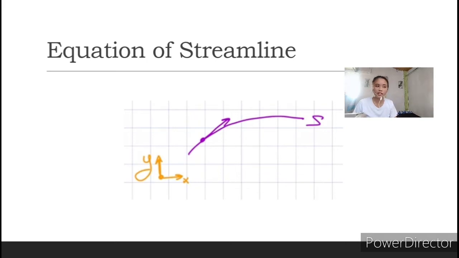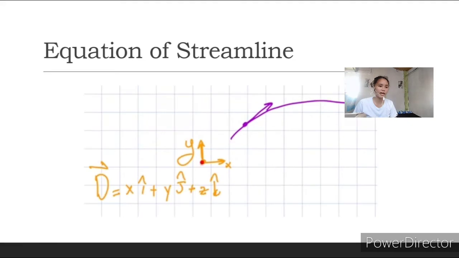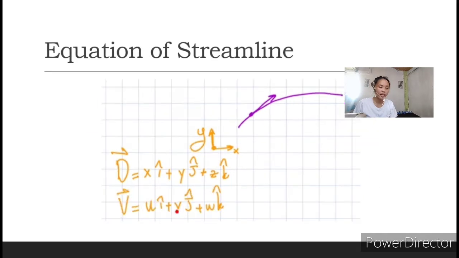If we derive our displacement, we will have displacement vector equals xi plus yj plus zk. Okay, x is taken from here, y is taken from here, and z is taken from the point. So i, j, and k are the unit vectors in the x, y, and z directions respectively.